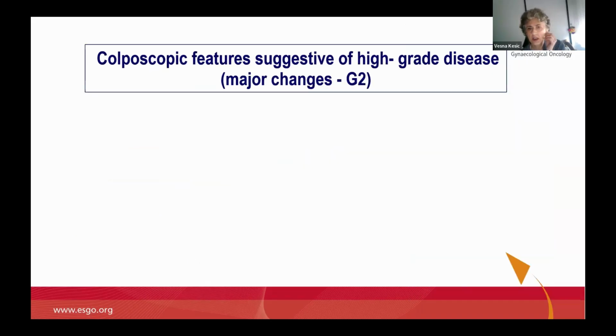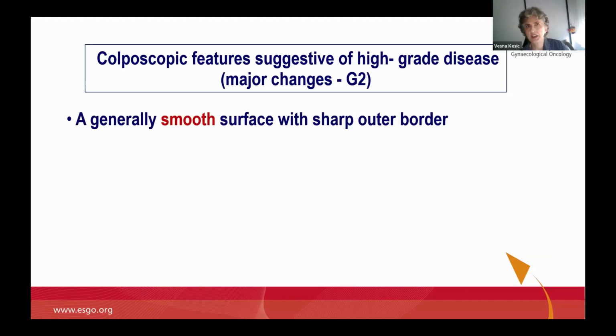To the contrary, colposcopic features suggestive of high-grade disease. In colposcopy, we divide them into only these two categories, G1, low-grade, minor changes, and G2, major changes. So we somehow follow the last terminology. Major changes generally have a smooth surface and a sharp outer border.